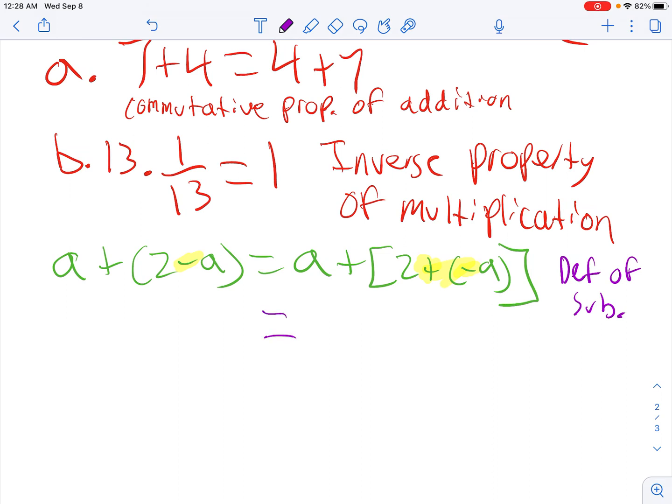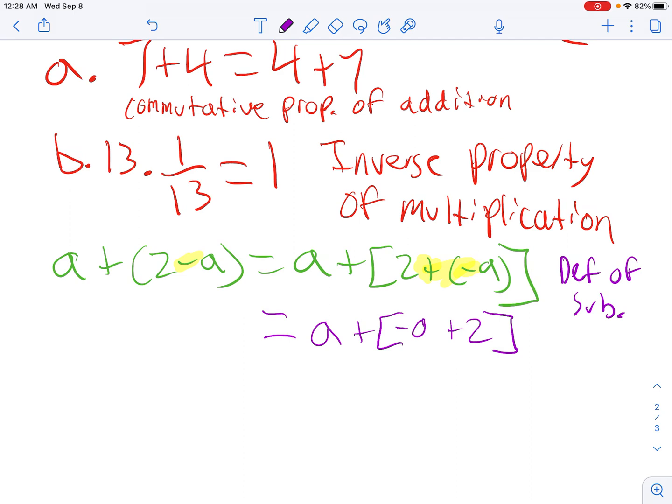And then I could go ahead and flip-flop. So again, I'm going to keep everything the same over on the left side, but I could flip-flop this order. So I'm going to keep A outside plus, and then I'm going to flip-flop to (-A + 2).